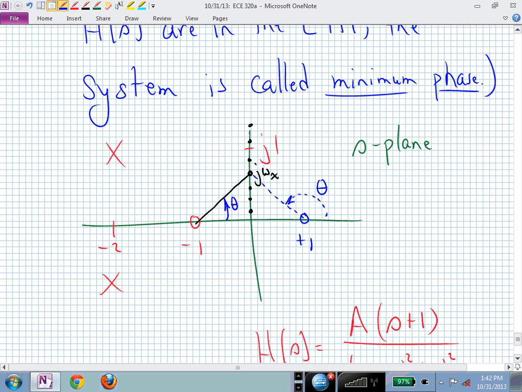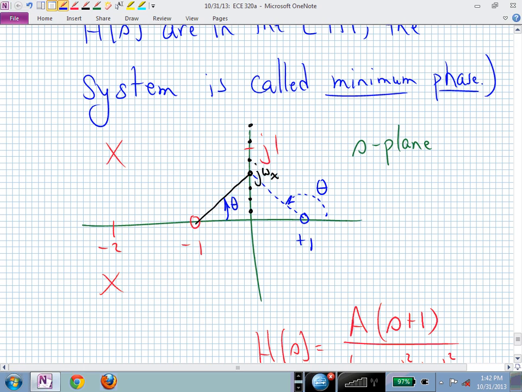To J2, right? You wanted the frequency response at a frequency of 2 radians per second. You would go to J2, and then you would find the length from that 0. That would be in the numerator. That's the magnitude due to that 0.